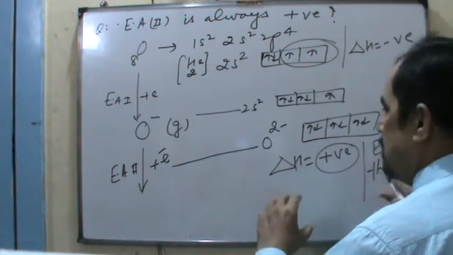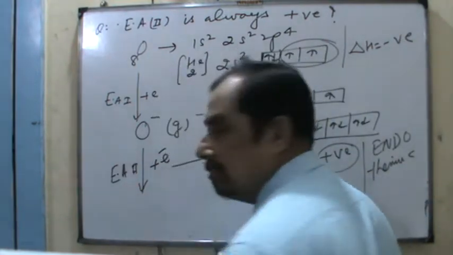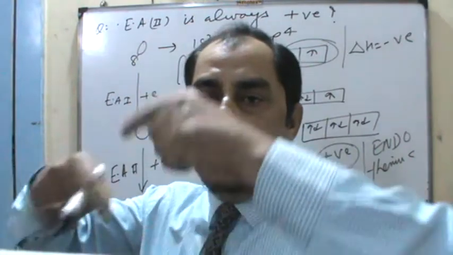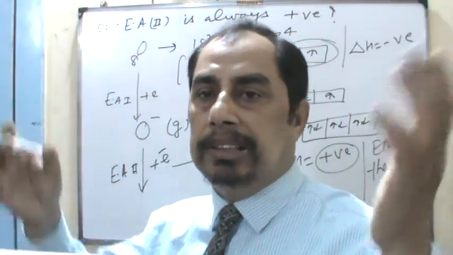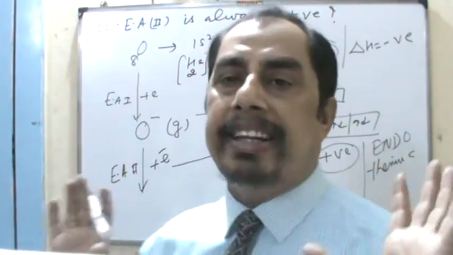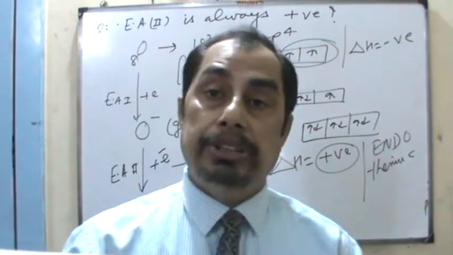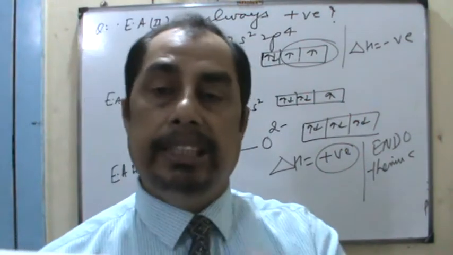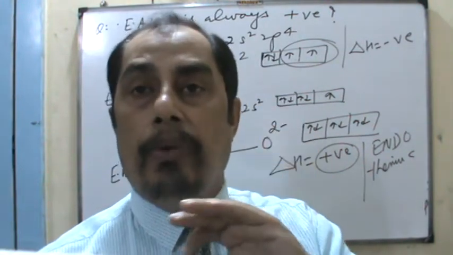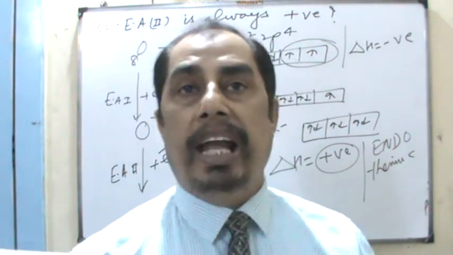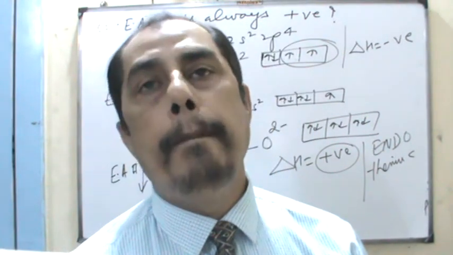The reason behind it is that you have supplied external energy to minimize their repulsion and to maximize their stability. As such, electron affinity second and so far as third is always positive, but electron affinity first is always negative. Whenever you provide the other electron, it becomes positive and the reaction is endothermic in nature.